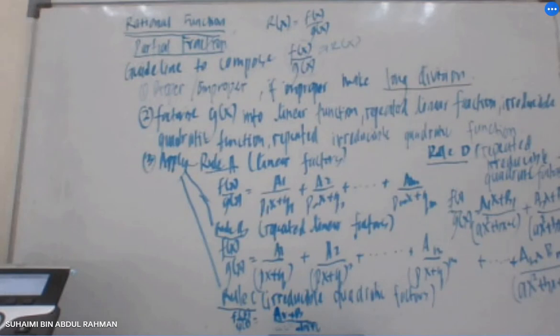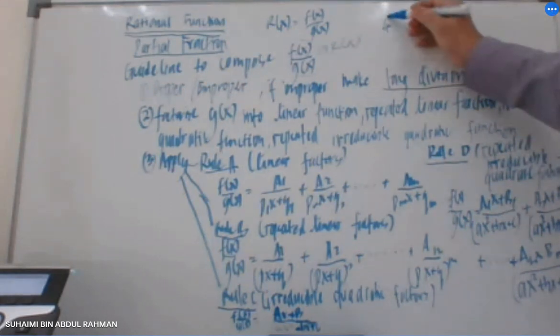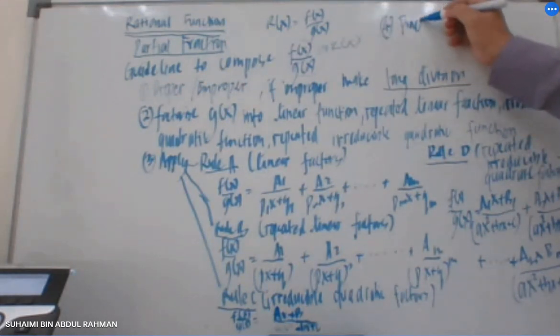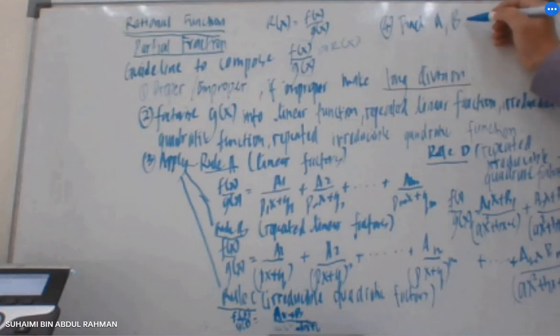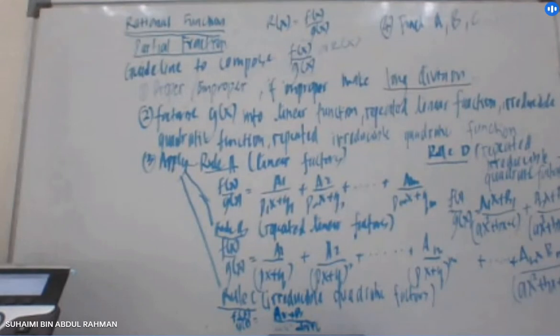And then step number 4 is to find the values A, B, C, etc. Some questions have D, E, F. Some questions only have A and B. That's the way of decomposing rational functions.